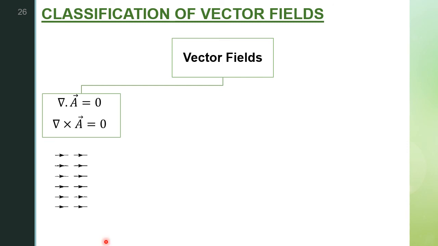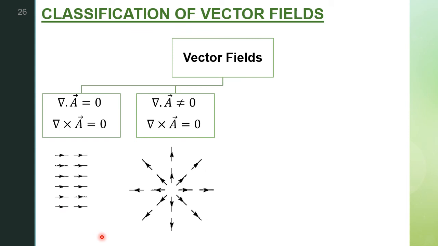When you observe this figure, it is not diverging or converging to a point. Therefore, the divergence is 0. And at any point, the vector is not rotating about that point, so the curl is also equal to 0. So this is an example of a solenoidal as well as an irrotational vector.